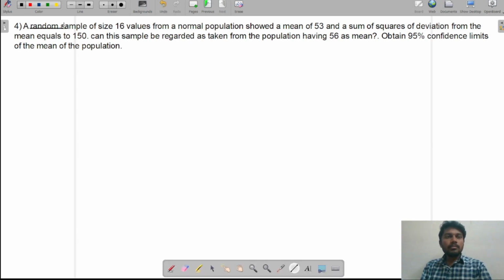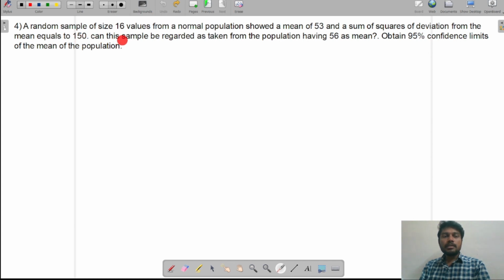A random sample of size 16 values from a normal population showed a mean of 53 and a sum of the square of the deviation from the mean equal to 150.